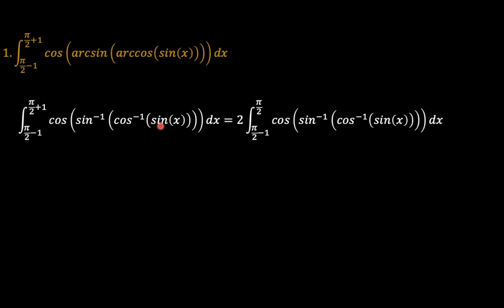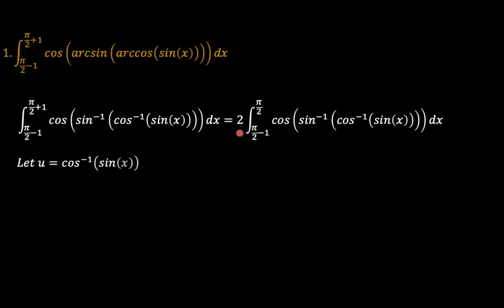Otherwise, you will come back to a point where you are substituting these limits that are equal, and you get stuck. So what I've decided is I'm going to look at the lower half and multiply the entire integration by 2. So I'm going to integrate from pi over 2 minus 1 to pi over 2, and then multiply the entire integration by 2.